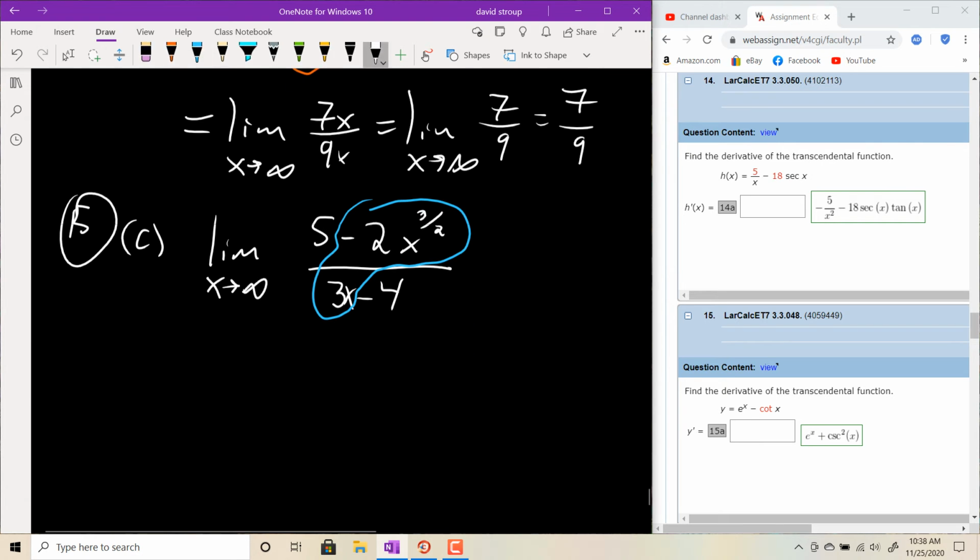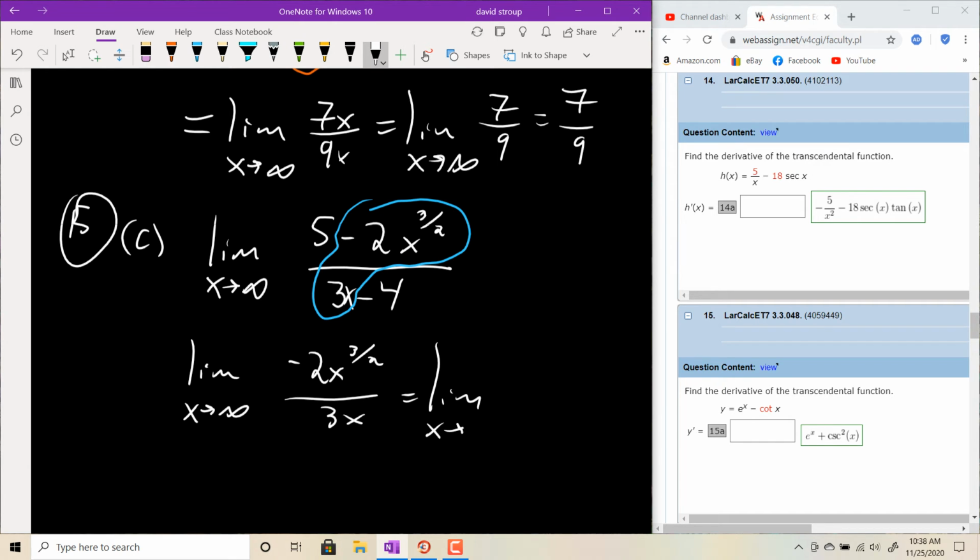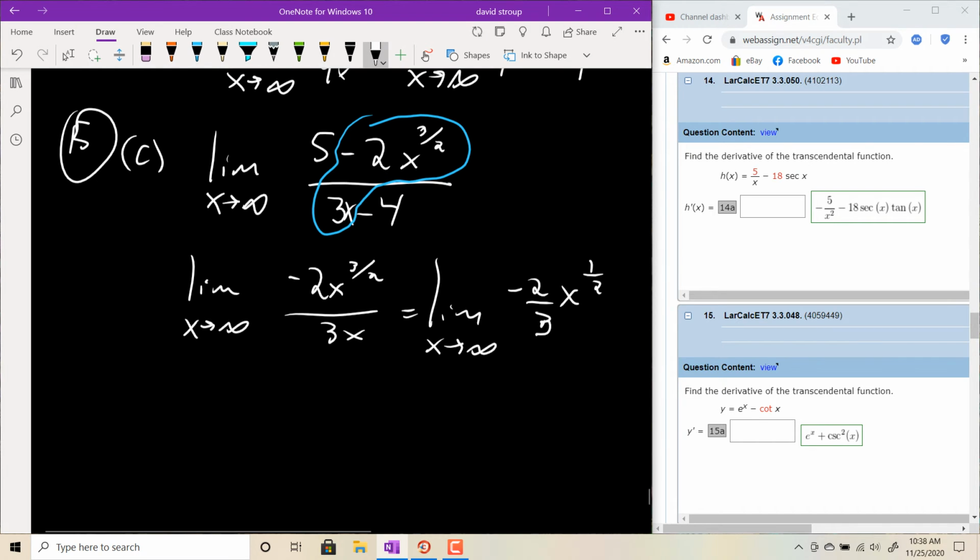And then we could rewrite our limit as x goes to infinity of negative 2x to the 3/2 all over 3x. That's the limit as x goes to infinity of negative 2/3 x to the 3/2 minus 2/2, which is x to the 1/2. And then that thing is going to negative infinity.